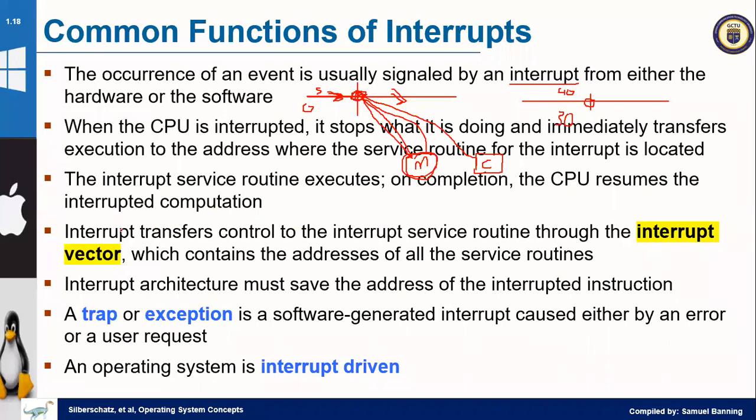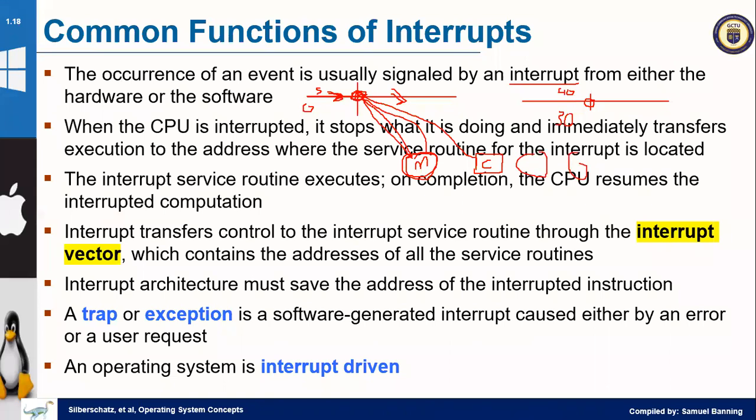Okay. Interrupts transfer control to the interrupt service routine through an interrupt vector. This interrupt vector contains the addresses of all the service routines. So for every interrupt that comes, there are several interrupt routines. Like I said, this is for making calls, this is for taking selfies, maybe this is for browsing, this is for doing that.